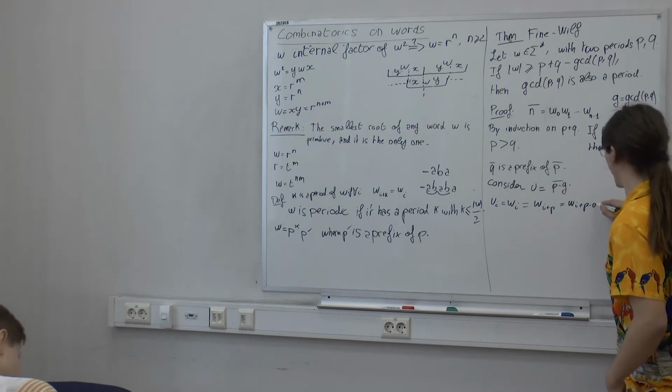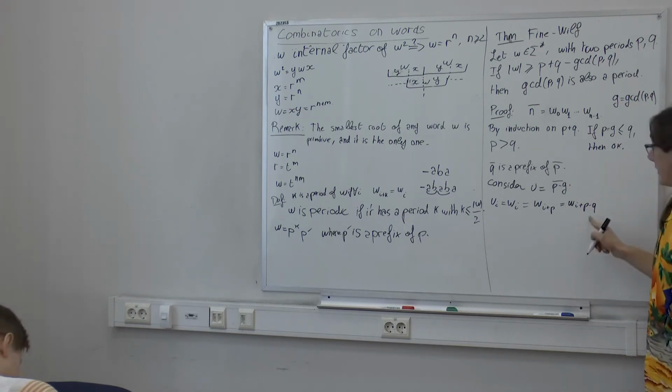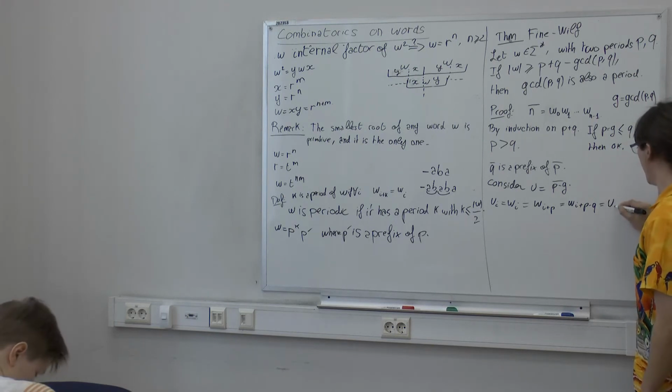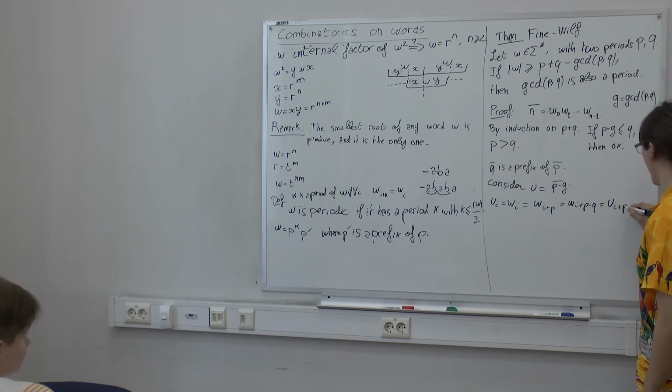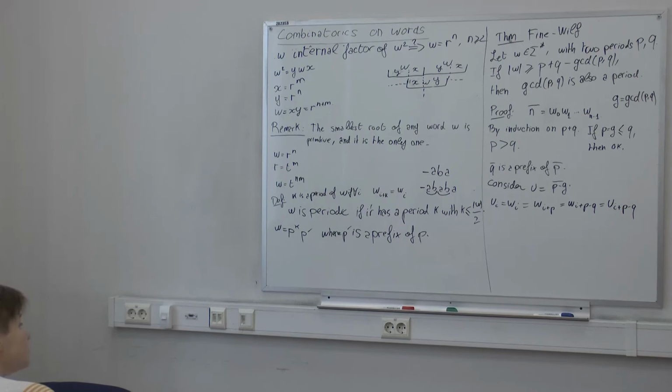I cannot use the recurrence hypothesis yet. And this is back in u because it is short enough, so we have p minus q as also a period of u. I'm pretty sure something wrong slipped in. This is why I'm extremely cautious, so if you see something strange, please tell me.